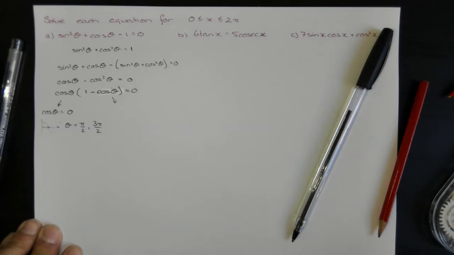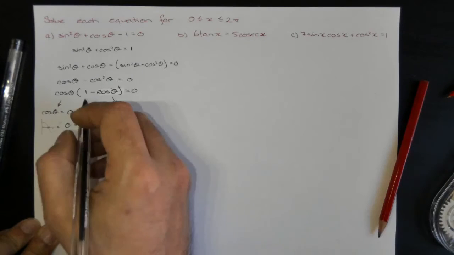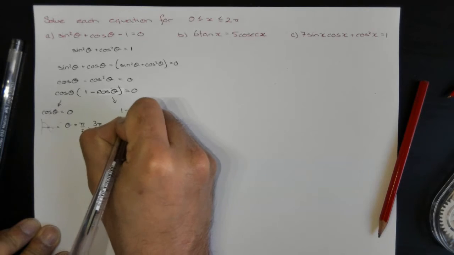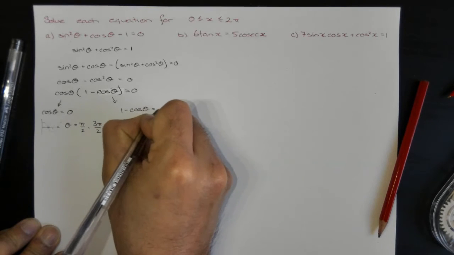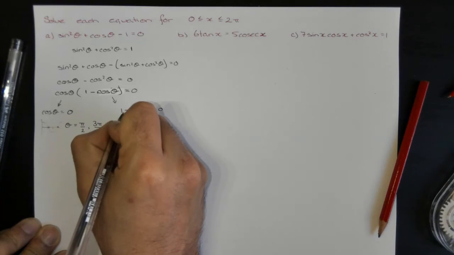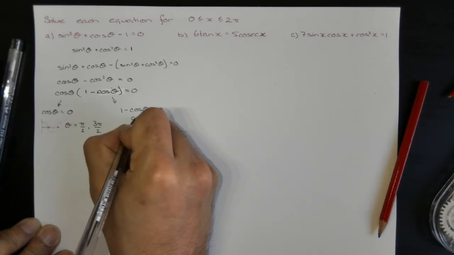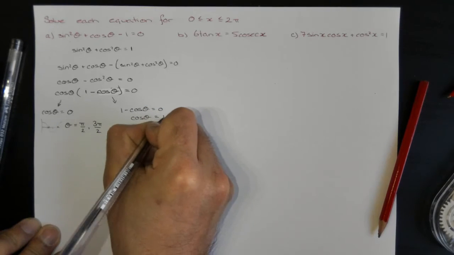Shift cos 0. Yep. And this would be 1 minus cos theta equals 0. So cos theta equals 1.